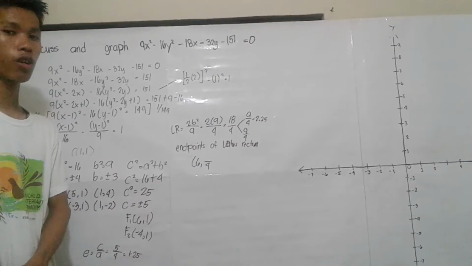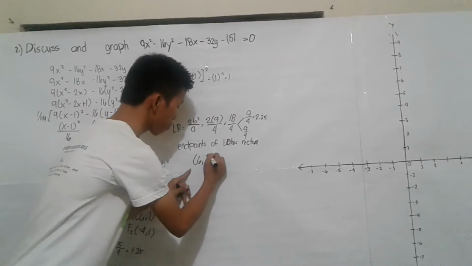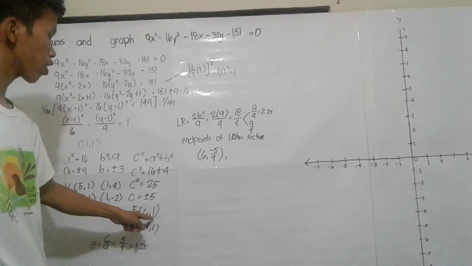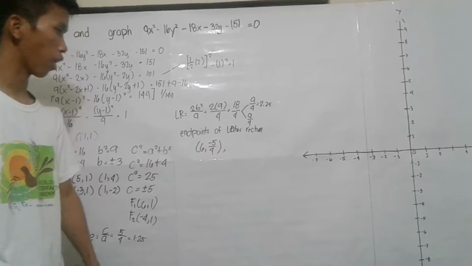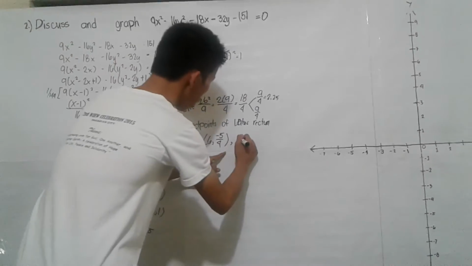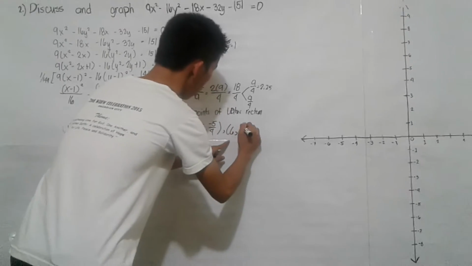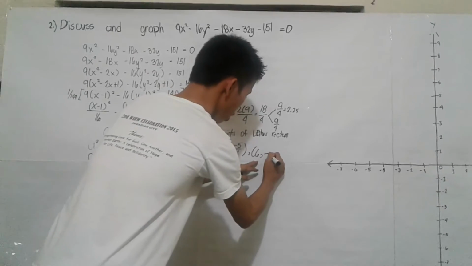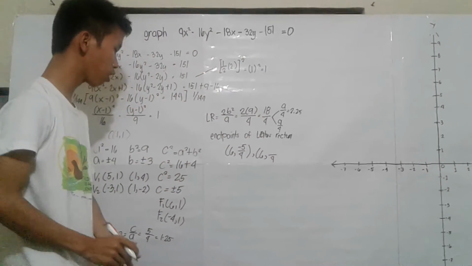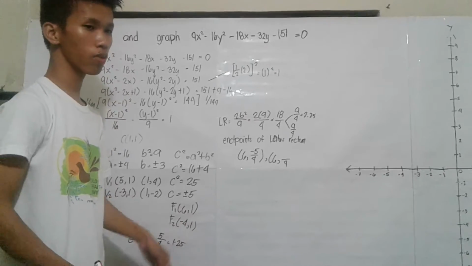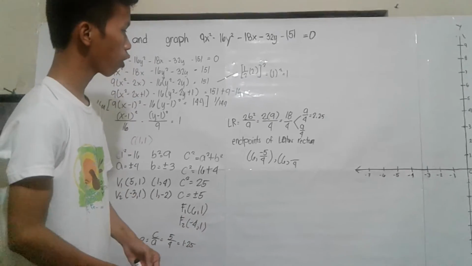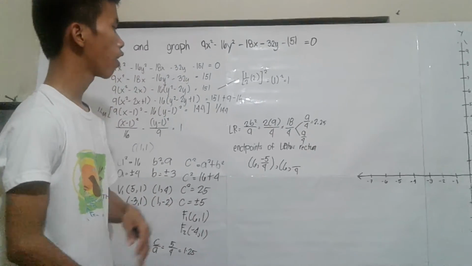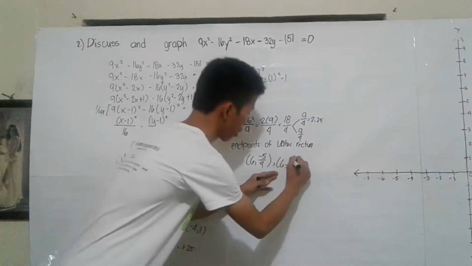So 4 minus 9 is equal to negative 5. So next, here is the 1 which will be added to 9/4. So copy the 6. So 1 plus 9/4 is, get the LCD, least common denominator. So 4 divided by 1 is 4, times 1 is 4, then 4 divided by 4 is 1, times 9 is 9. So 4 plus 9 is 13.